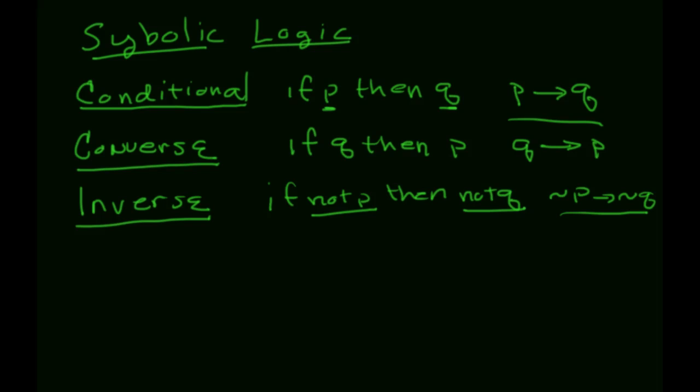Okay. Now, I also want to note that the inverse and the conditional statement are also independent as far as their truth values. The conditional can be true and the inverse can be either true or false. So these are independent. The last way that we can rearrange this is what we call the contrapositive.